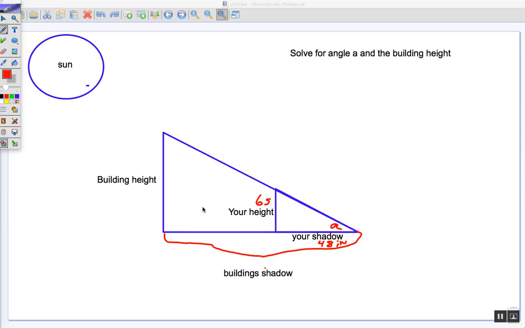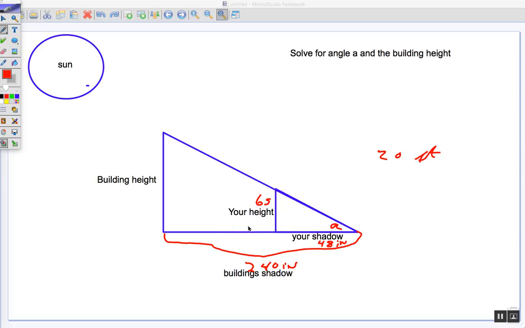And we're going to say that the building's shadow is roughly 20 feet. We want to make sure all of our measurements are in inches, so that's going to give us 240 inches. And this entire length here is 240 inches, so that's including that 48 inches.